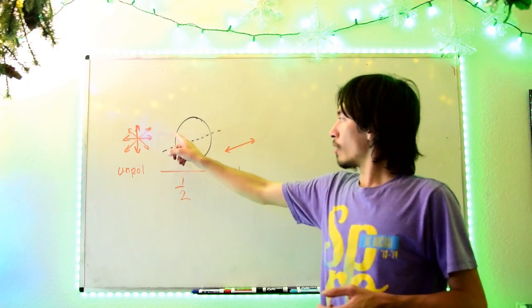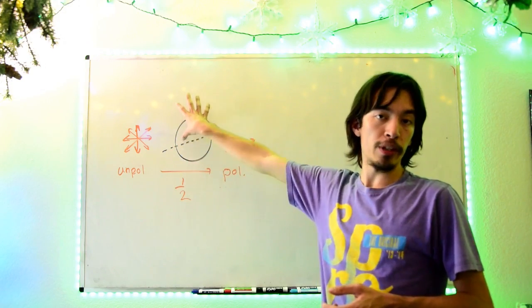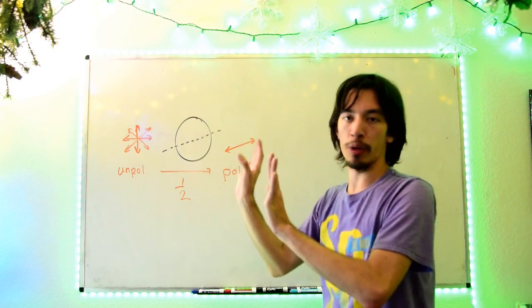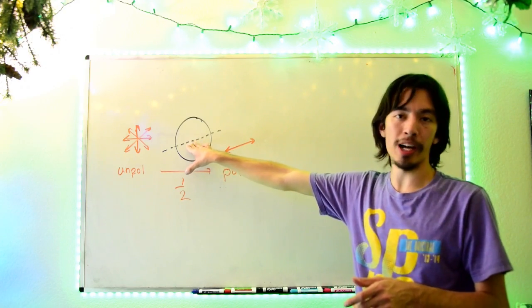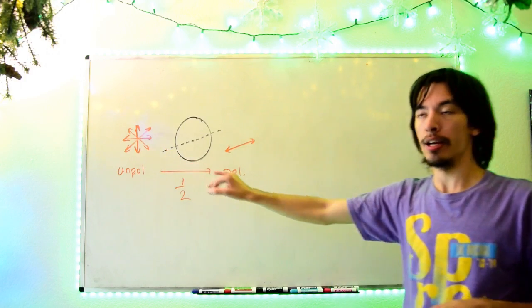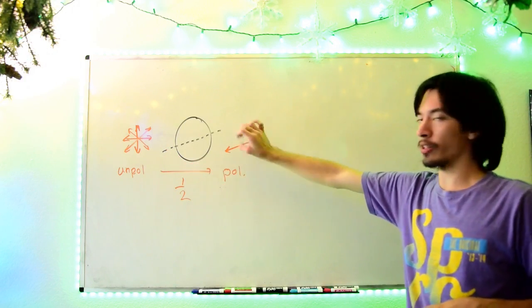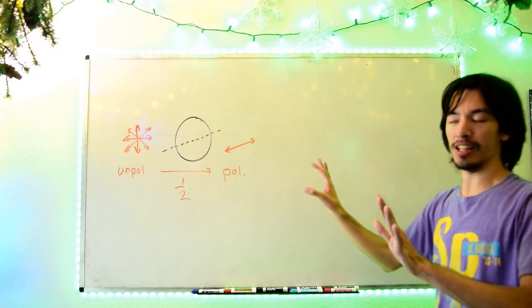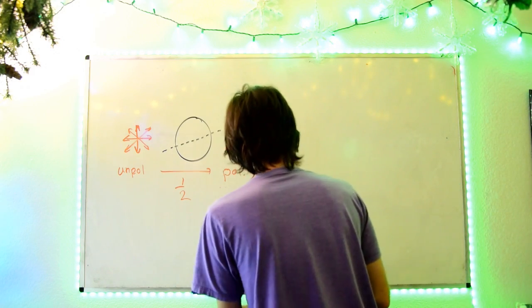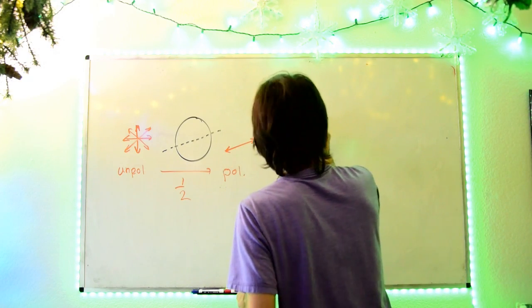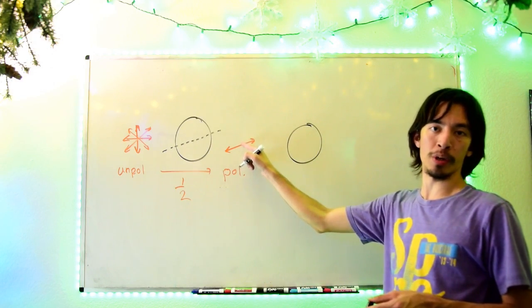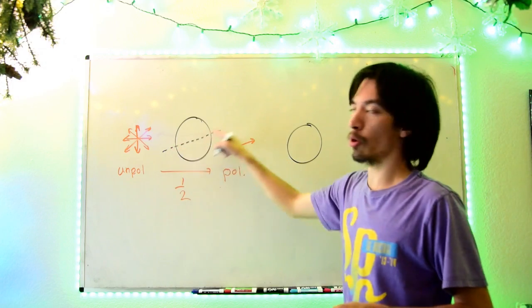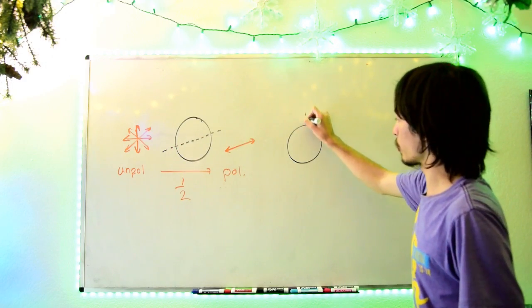Regardless of this first polarizer, regardless of its orientation, we know that it's going to become polarized in the same direction as the axis. We can assume it's horizontal, we can assume it's vertical, it doesn't matter, because in the second polarizer, regardless of its orientation, it's perpendicular to the first. So if this one was horizontal, this one's vertical.